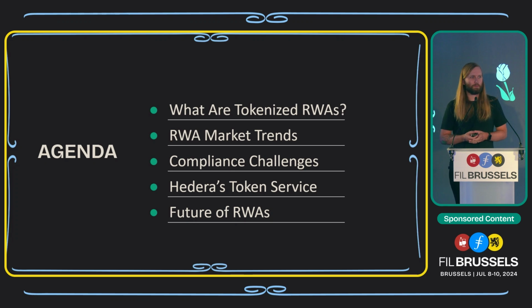And we'll go kind of deep into the thought process of what you should be thinking about when you want to start development in this asset class. Then we're going to go over Hedera's token service, HTS, and some specific features that have been created by Hedera's protocol to address some of these issues. And then just kind of go over the future of RWAs, and if we have time at the end, a little bit of a Q&A session.